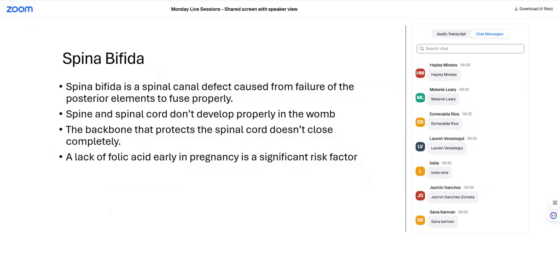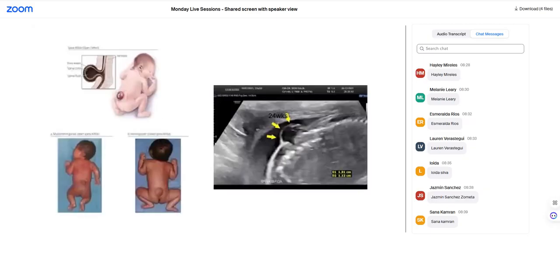Studies say a lack of folic acid early in the pregnancy can be a significant factor. So this is what it's looking like on the backbone there of the baby. This would be a fetal ultrasound at 24 weeks there, showing that protrusion.